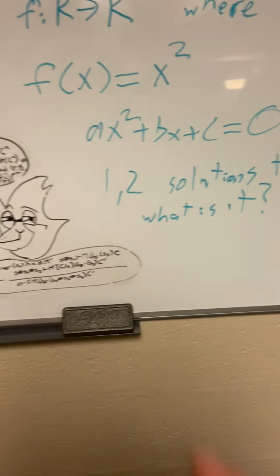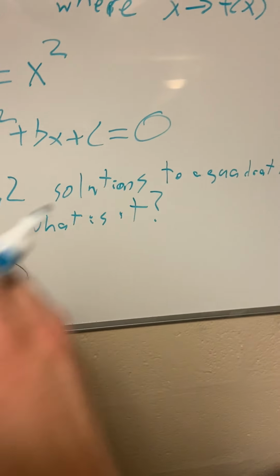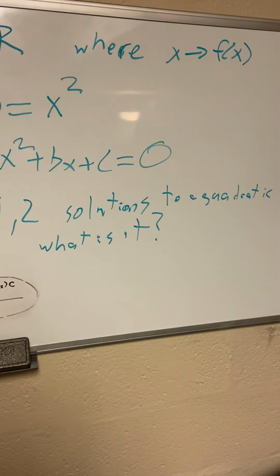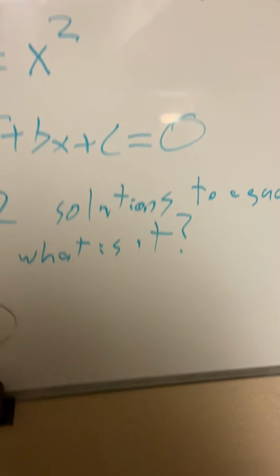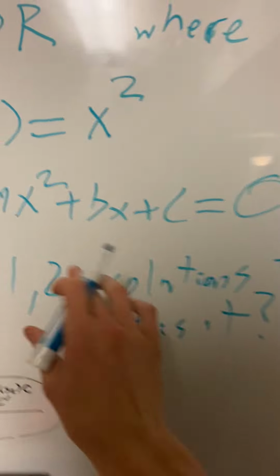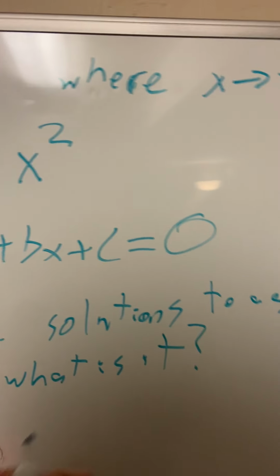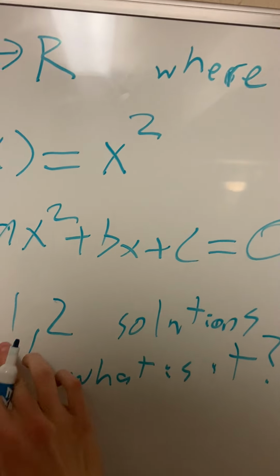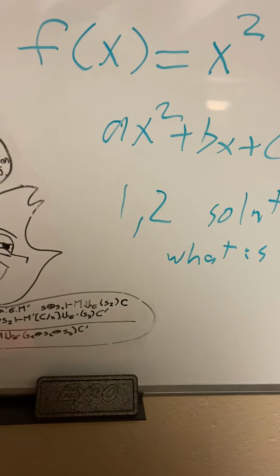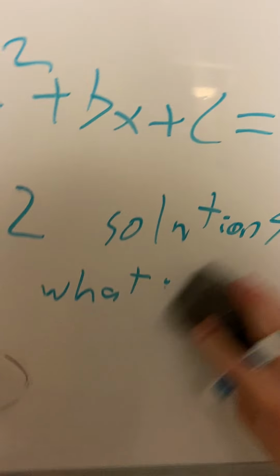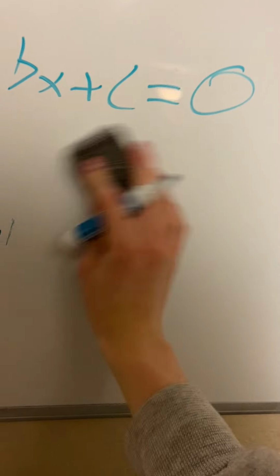If we're told that, say, 1 and 2 are solutions to a quadratic, so we have some ax squared plus bx plus c where 1 and 2 give 0, can we reverse engineer to get the polynomial?